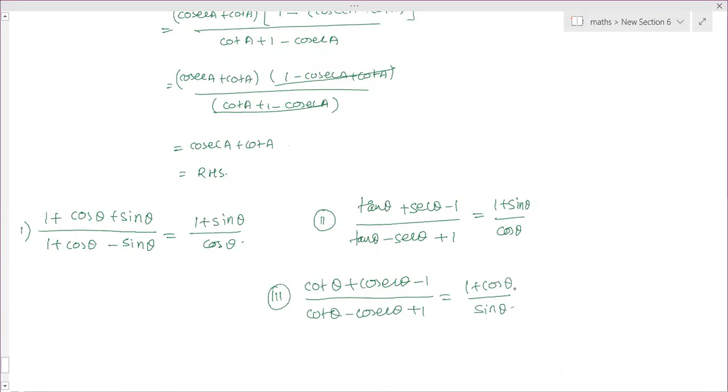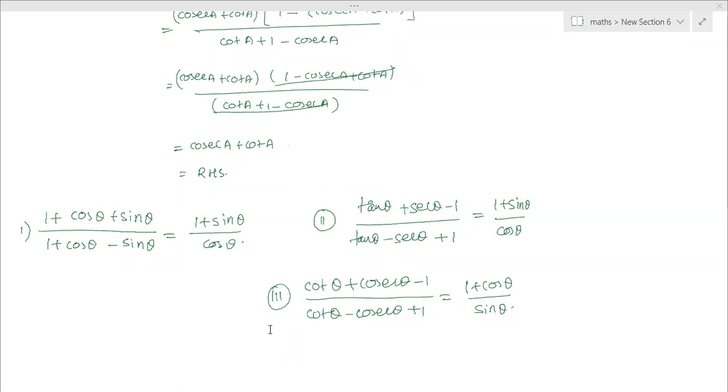These are the questions. Now just now you have solved one type of a question. These are the three different varieties of similar kind of question. All of them you are solving with the same method. Only one difference is, now here in the first question there is a sin and cos.